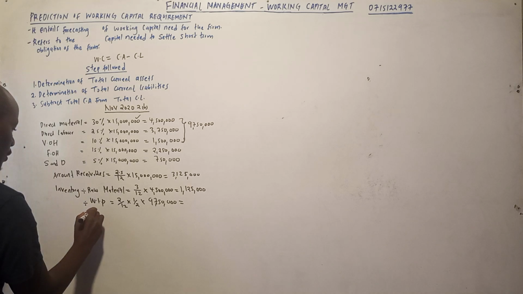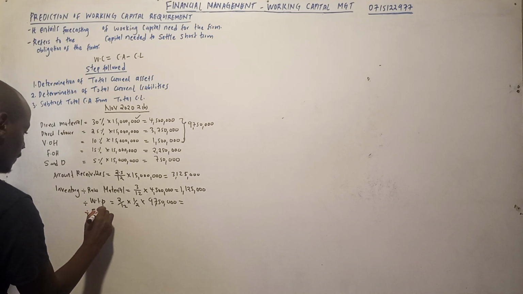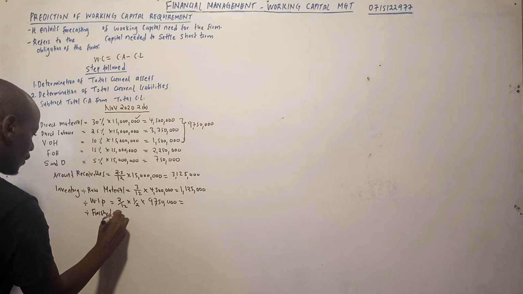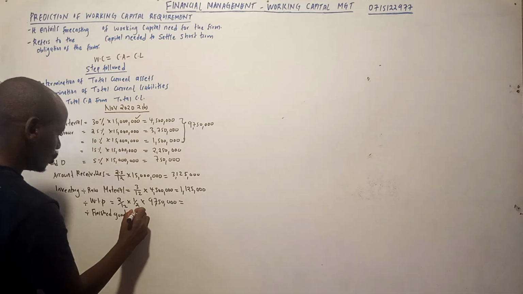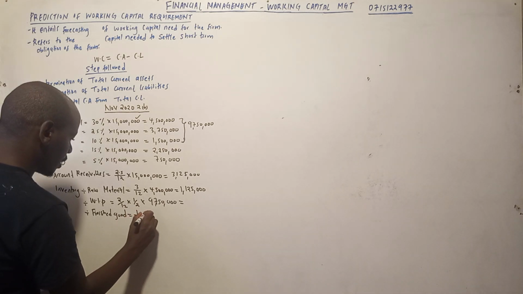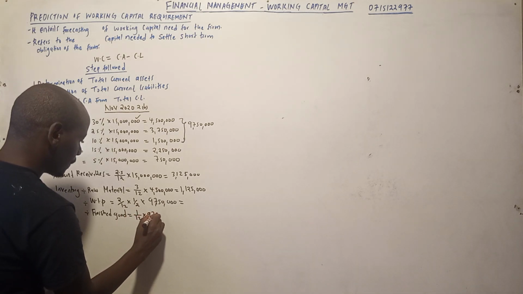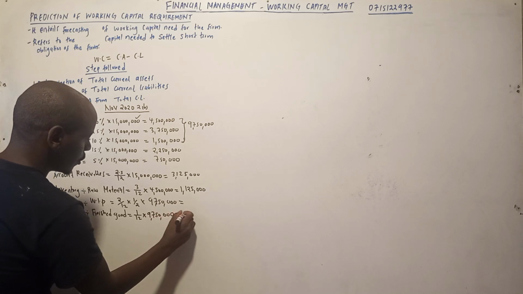Then finished goods. Let's see the finished goods. Now finished goods represent one month of production. So 1 over 12 times 9,750,000. Let us do it.